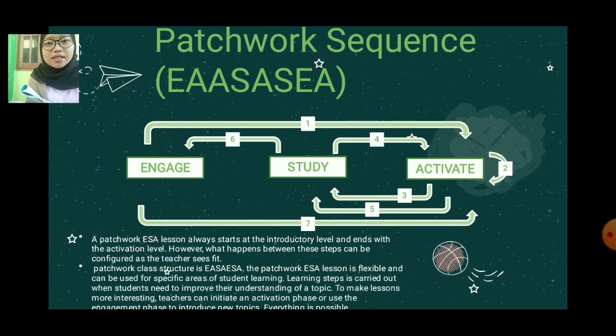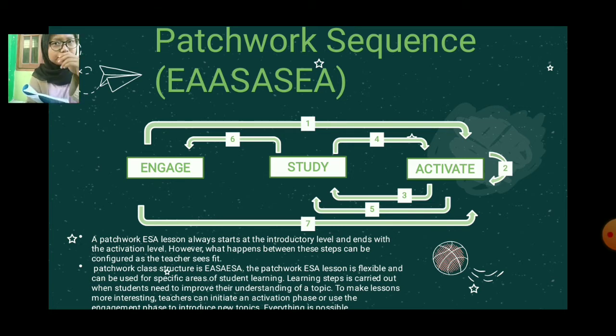And then after that, patchwork class structure in EAASACEA, the patchwork essay lesson is flexible and can be used for specific areas of students learning.